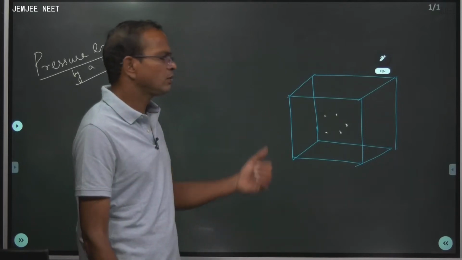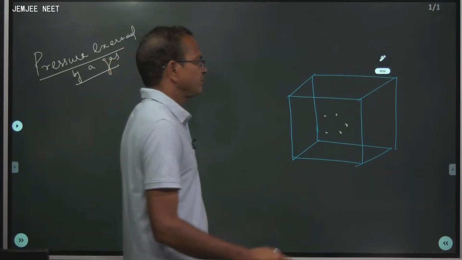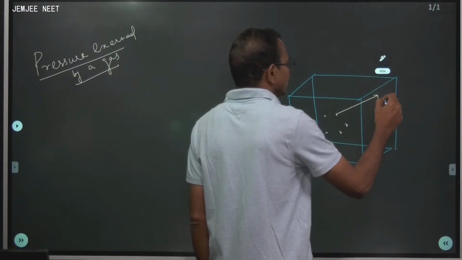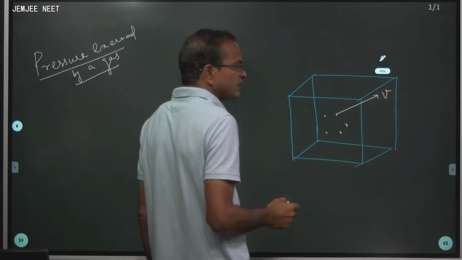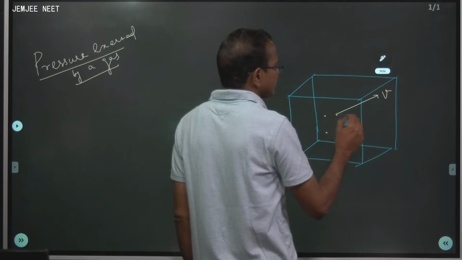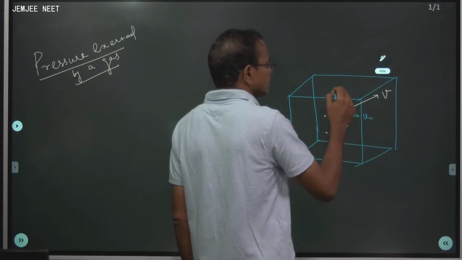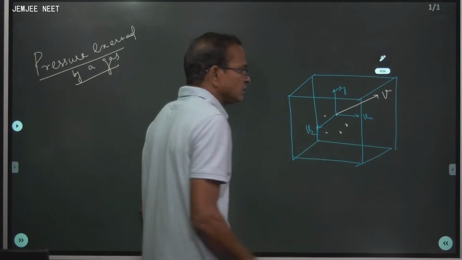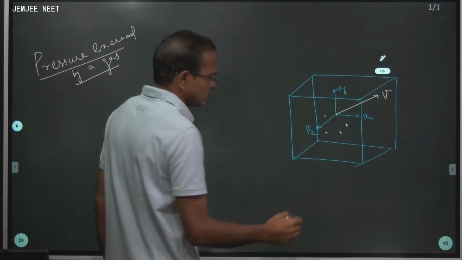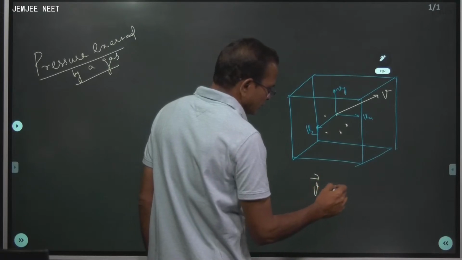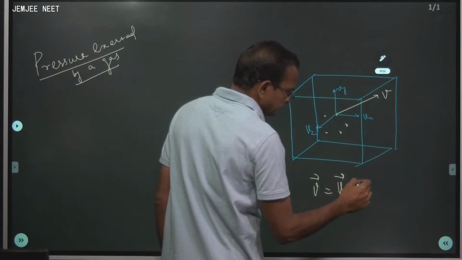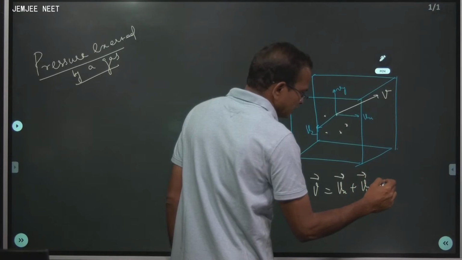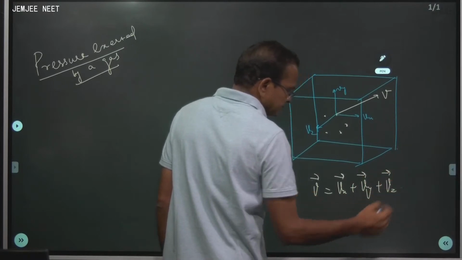Because they are moving in all possible directions with all possible velocities, if V is the velocity of the given gas molecule, this may be divided into Vx, Vy and Vz. Therefore, V vector equals Vx vector, Vy vector, Vz vector.